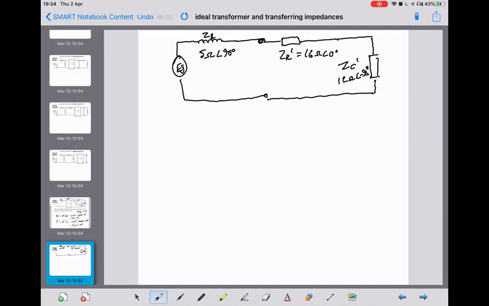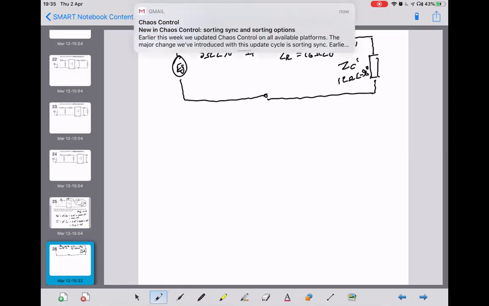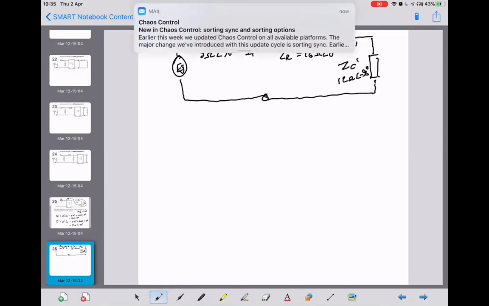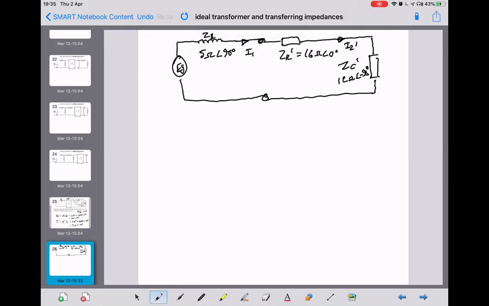We've got a current here, I2 dash, a current here, I1, and they're equal to each other. Are we representing ZC dash as a resistor because we've now worked out the impedance, or could we draw that as a capacitor?